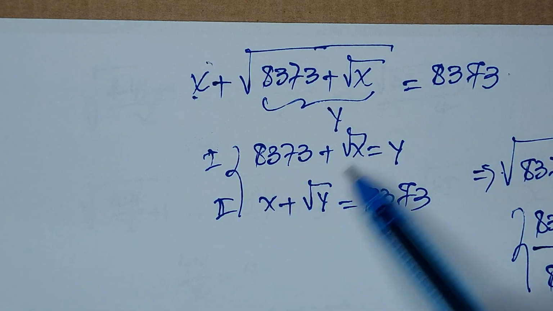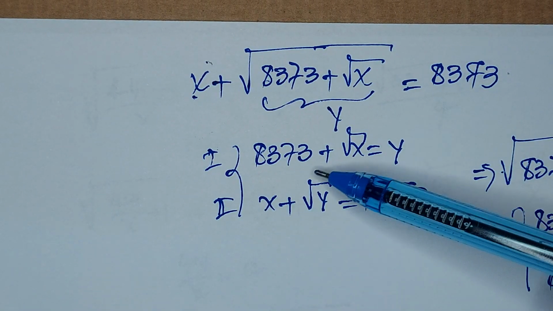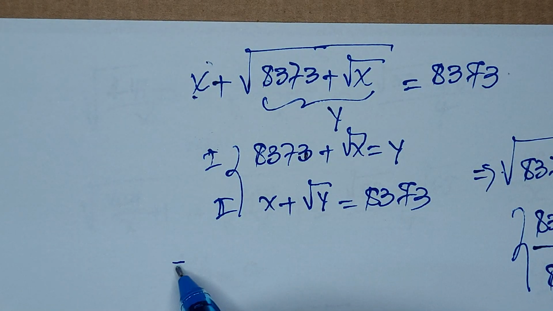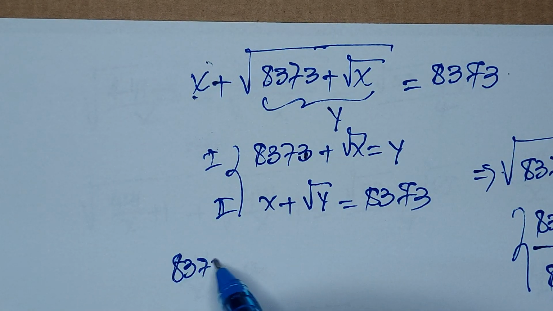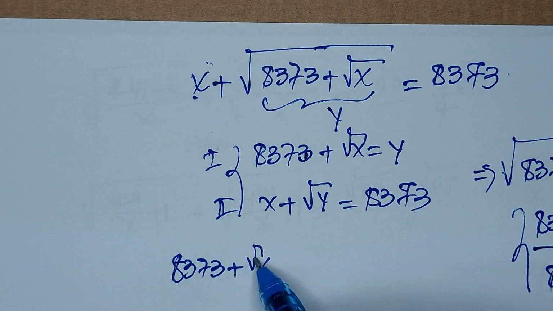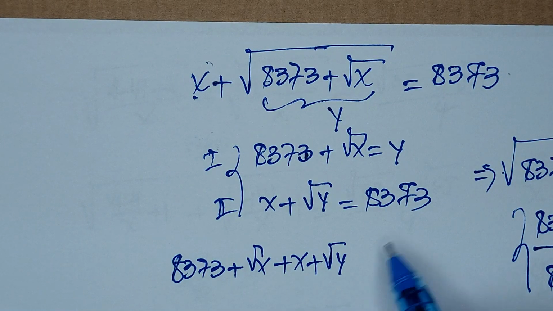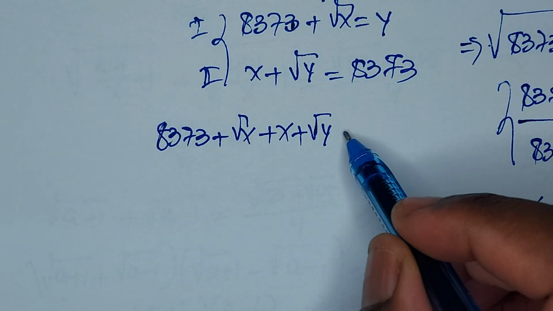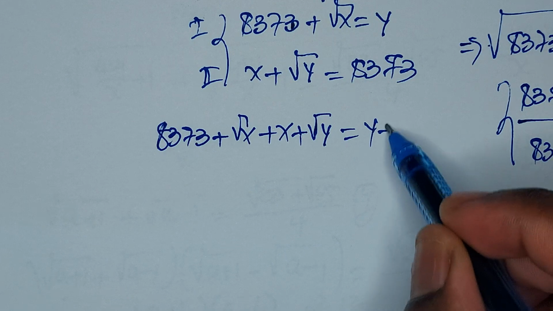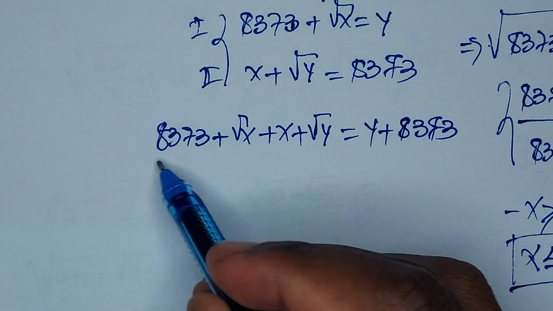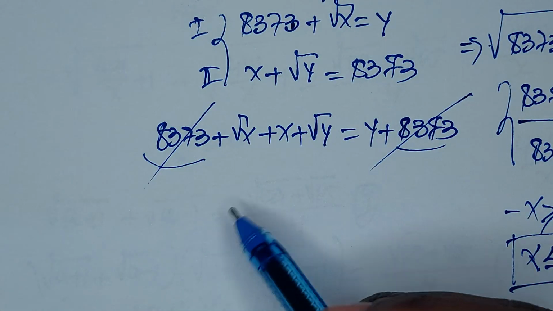In this case, what I'm going to do is add side by side. So the left side would be 8373 plus square root of x plus square root of y, and this is going to be y plus 8373. So guys, from here, this is 0, right?